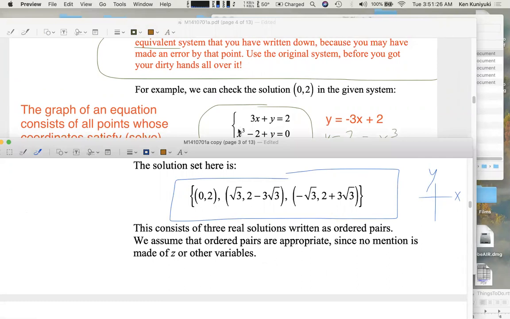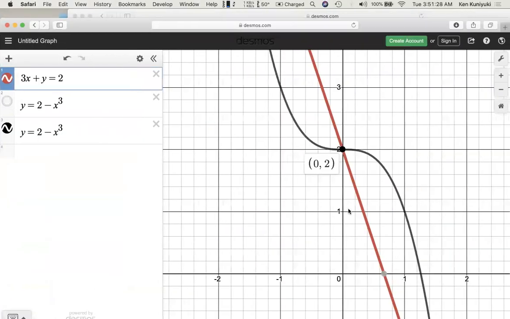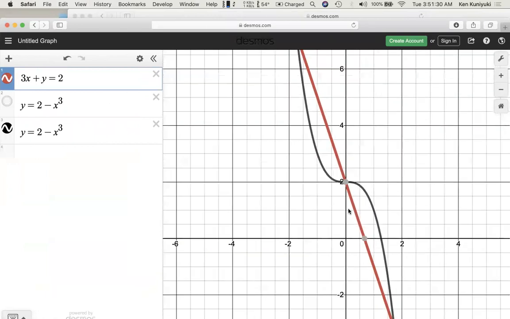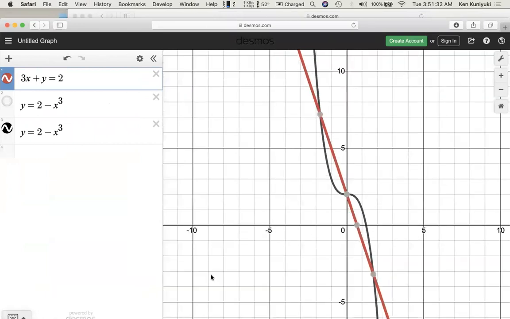Oh, and how do we know we have 3 solutions? Let's zoom out. If you do a decent job of graphing, you should be able to see that we're going to get 3 intersection points. In addition to the intersection point at 0, 2, we're going to get another intersection point somewhere in quadrant 2. That's a decimal approximation.